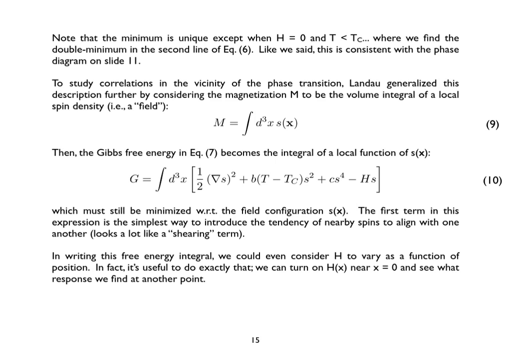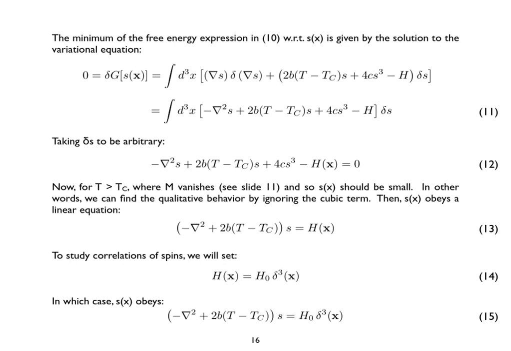And if you do that, and then you plug that into our equation that we had earlier for the Gibbs free energy, you get something that looks like this, where we noted that this del S squared term is kind of a shearing term, so it's possibly the interaction of these bubbles of different polarizations, and that we use the fact that these guys are small, so that we can neglect the S to the fourth term, right?